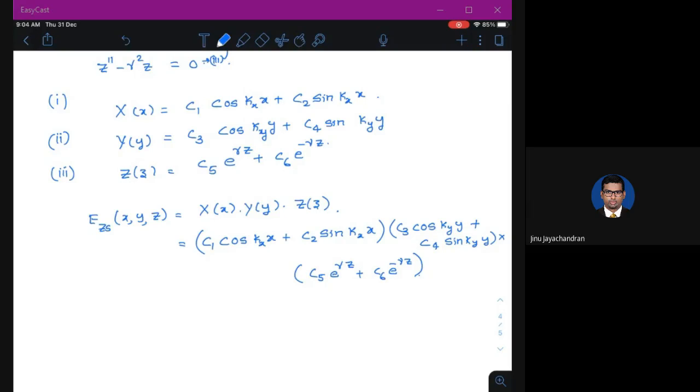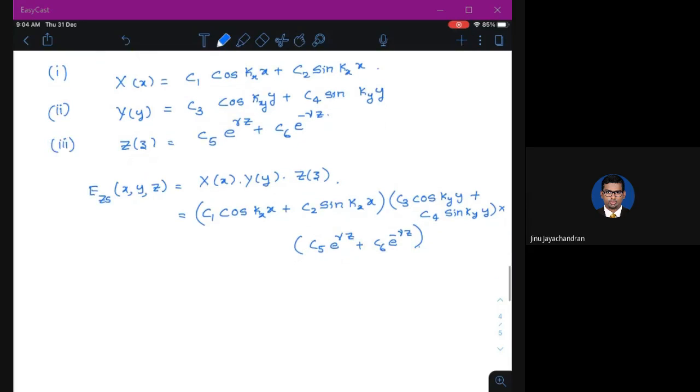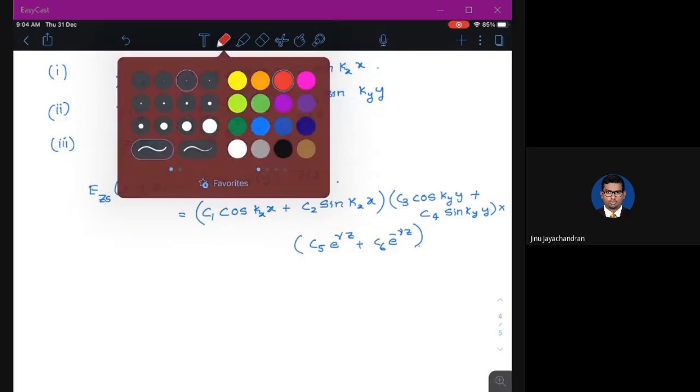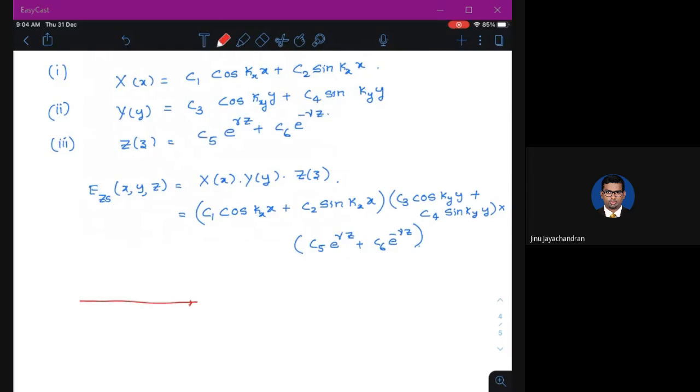Okay, and similarly, now in this equation there is a catch. Now you see that the wave is propagating in z direction. So there's a z axis, and the wave is propagating in z direction like this. So wave might start from z equal to 0, and it keeps on going. So maybe when it reaches, let's say, very high value, z equal to infinity, can the wave still exist?